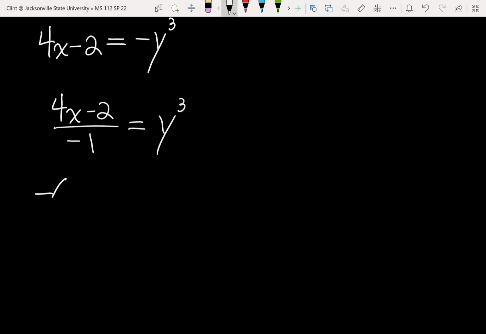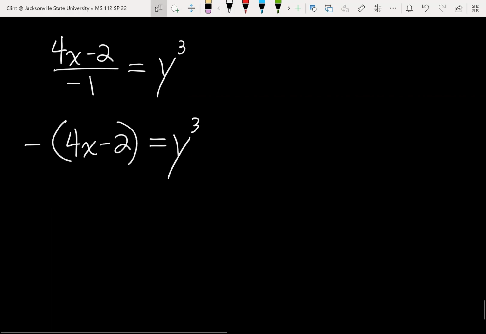You end up with the same thing because we just get a minus sign out in front of 4x minus 2. It will probably take it with the -1 in the denominator, but this is the more standard way of writing that. And then last step, trying to get y by itself, so cube root.